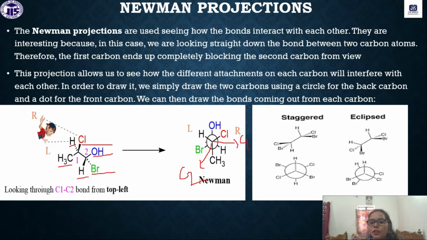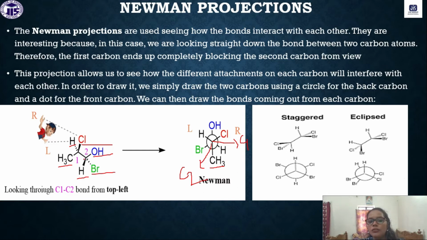Now with this C1, the chloride, the methyl group and hydrogen are attached. Now if we see at this angle, here you will get the chloride, here you will get the hydrogen, and at the bottom you will get the methyl group, right. So chloride will be at the right hand side, hydrogen will be at the left hand side, and your CH3 will be at the downside, right.